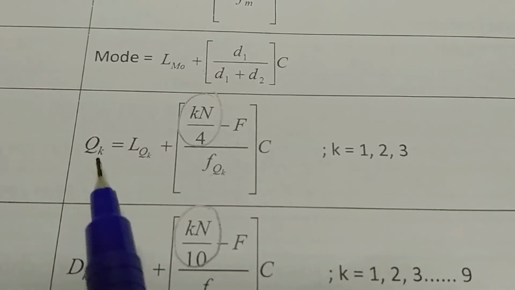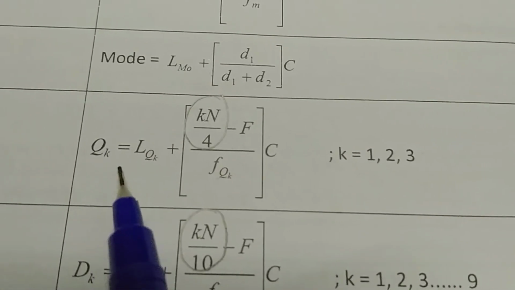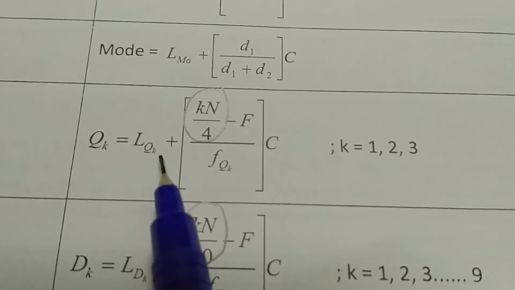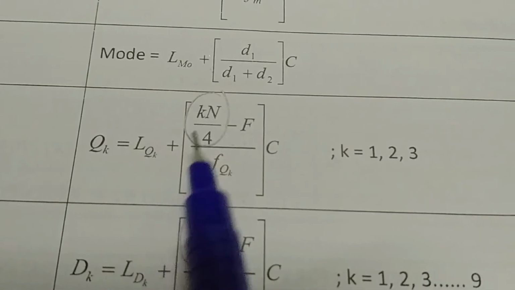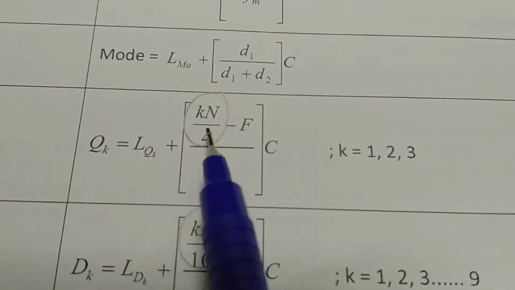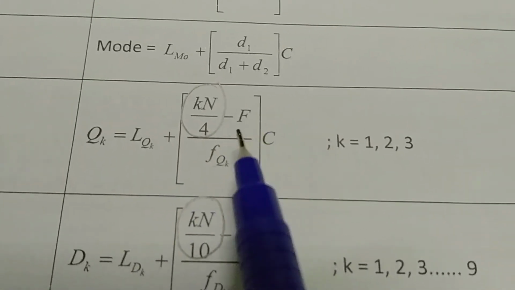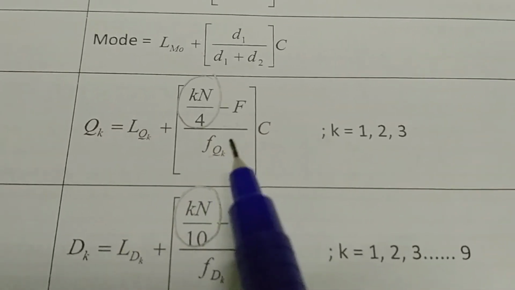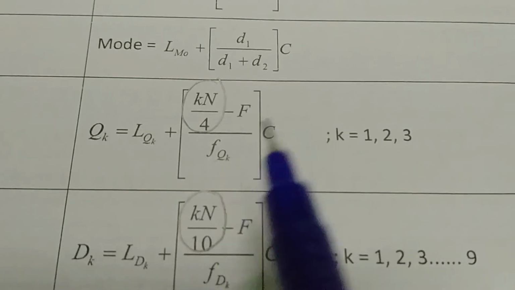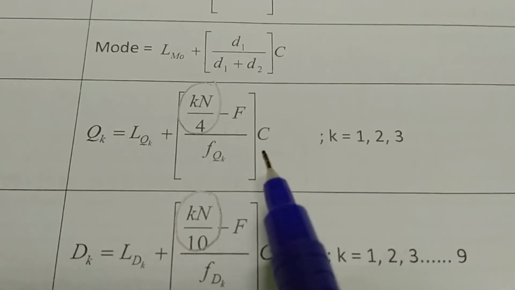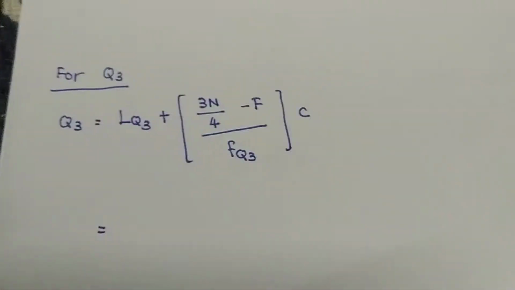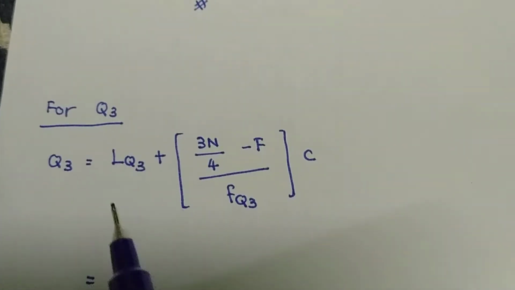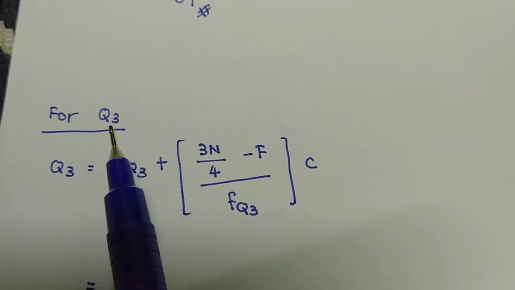So the formula becomes Q3 is equal to LQ3 plus 3n over 4 minus capital F divided by small f Q3 and then times C. Okay, so this is the formula for Q3, third quartile.